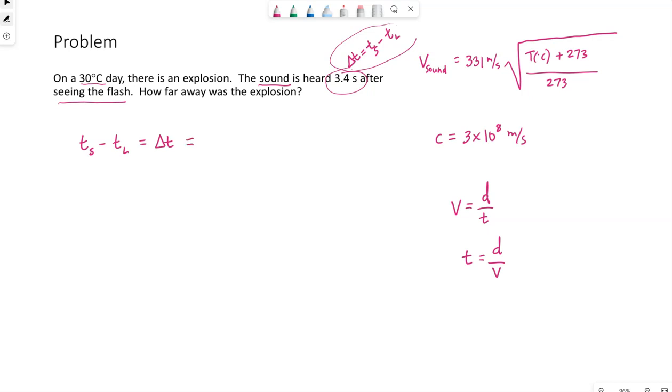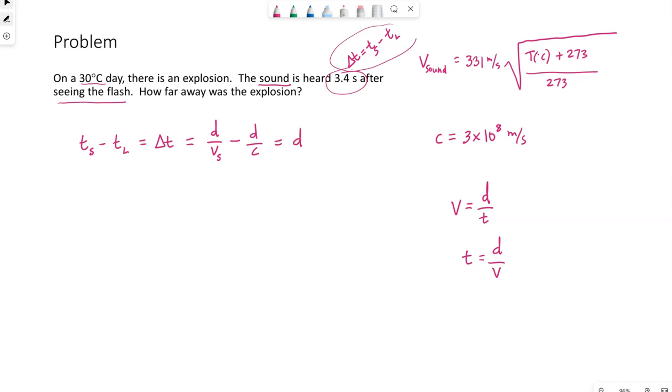Since the time it takes for sound to get to us is going to be this distance from the explosion to us divided by the speed of sound, the time it takes light to get to us is going to be the same distance, because it's the distance from where the explosion occurred to us as the observer. And we'll divide by the speed of light, which let's just leave as c.